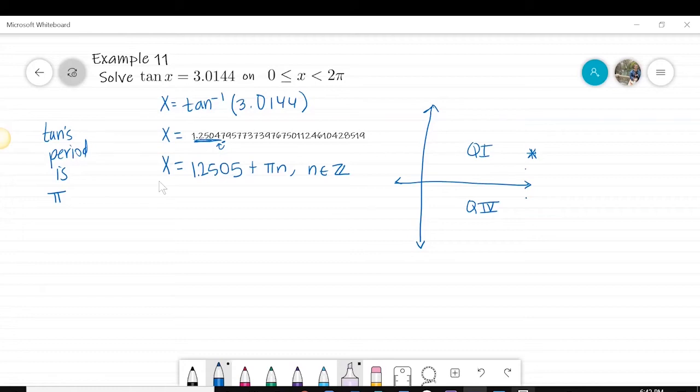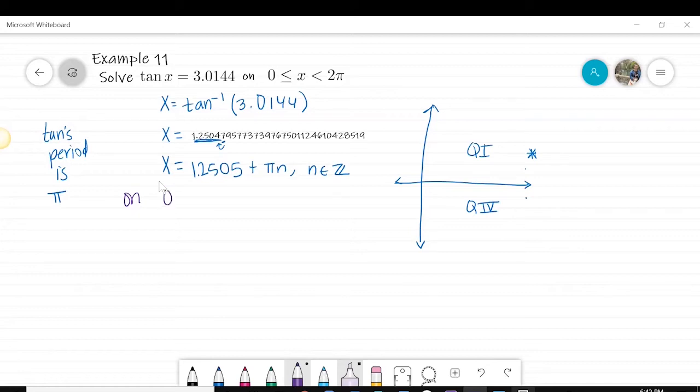So how do we find values in those other quadrants or other potential values? Well, again, because tangent's period is only pi, I don't need to search for other values with reference angles. I can actually just use our other strategy where we look at solutions on our particular interval inequality.